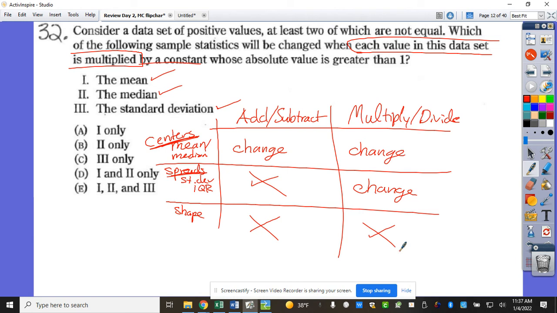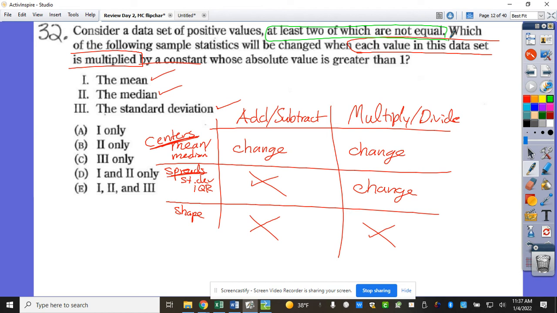So this one basically comes down to the fact that I multiply and divide. These are centers, that's a spread. All of those get changed by multiplying and dividing. To be a little bit more picky here, that most people aren't going to look at, you know why it mentioned this part? There's one of those that actually wouldn't have changed if that weren't in there.